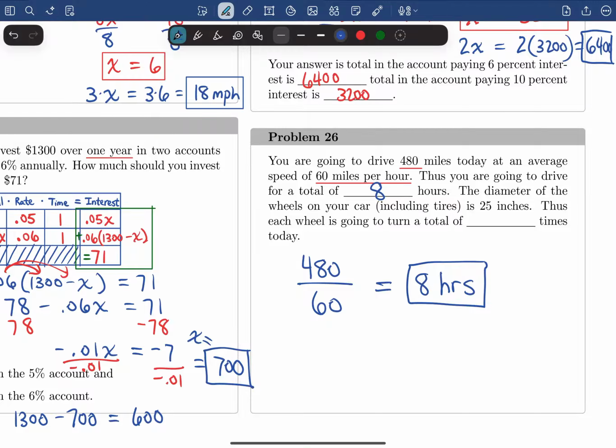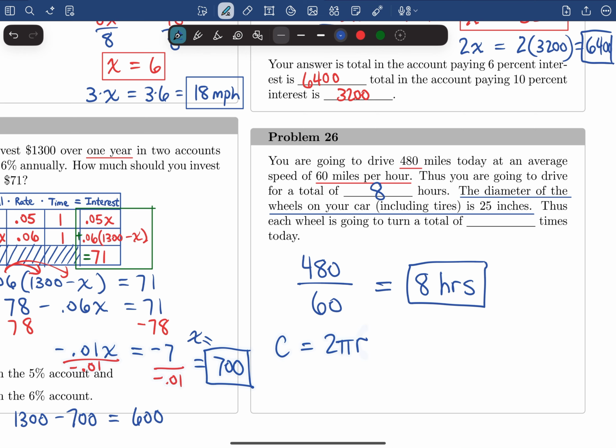Now, this next bit of information, the diameter of the wheels on your car, including tires, is 25 inches. That piece of information will help me to find the circumference of the wheel. Okay, so the circumference of the wheel is 2 times pi times the radius. Well, if the diameter is 25 inches, the radius is half of that. Now, there's two formulas for circumference.